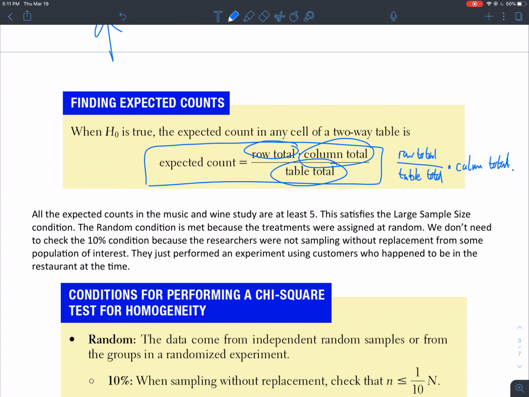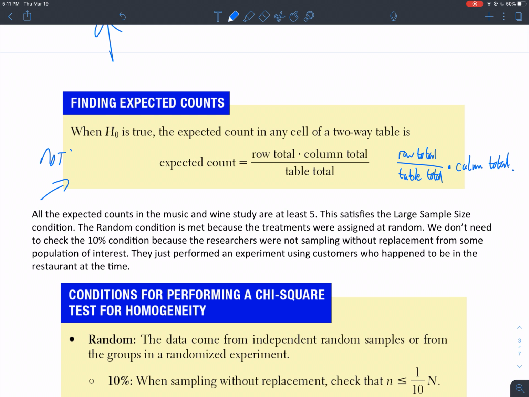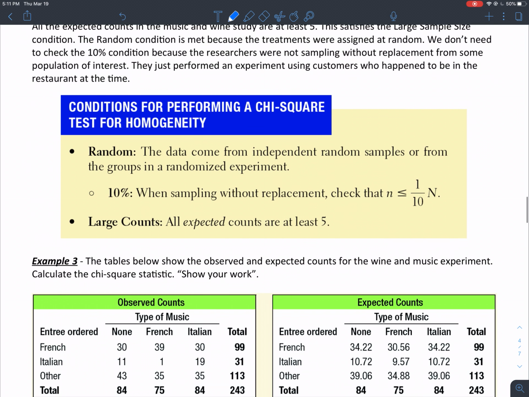Same thing, no difference there. This is not on your formula sheet. In any case, you might not need to know this because your calculator will do it for you if you don't remember.